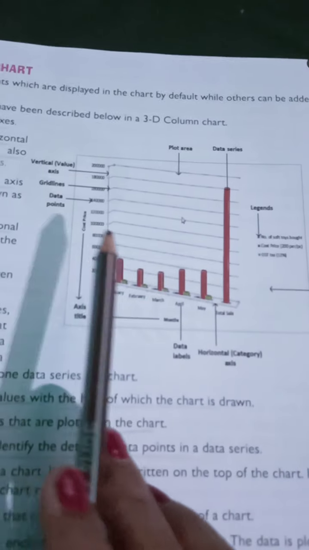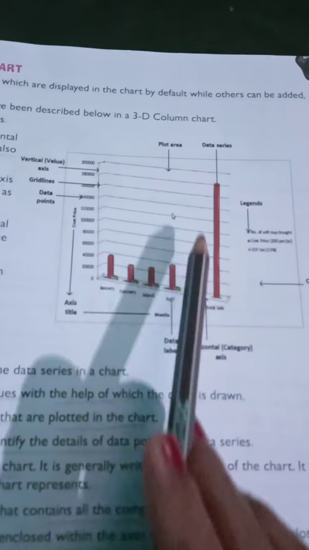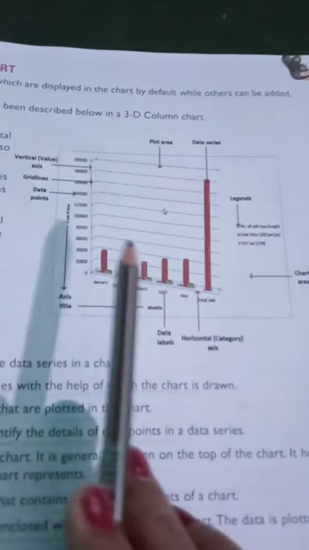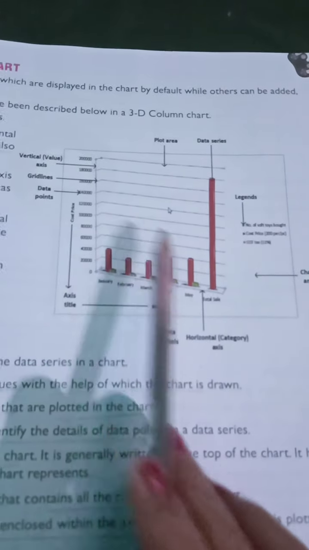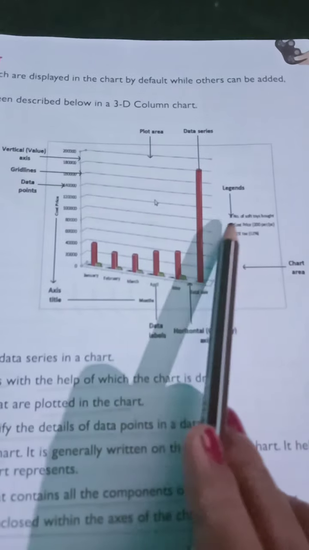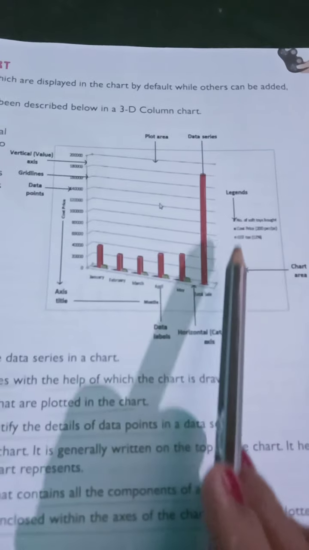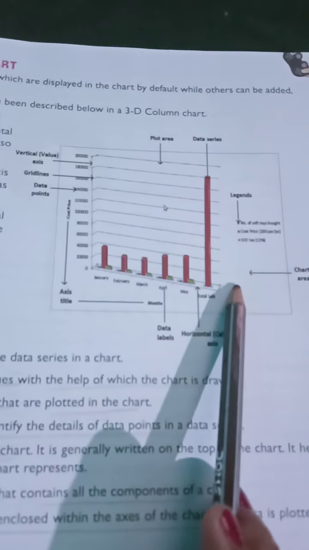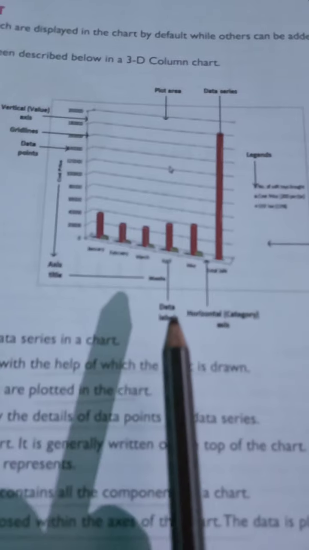Or when you are studying geography, on the map in the right side there are indications: this area is field, this area is forest, this area is river. Like that, there are signs which are called legends, and these are the data labels.